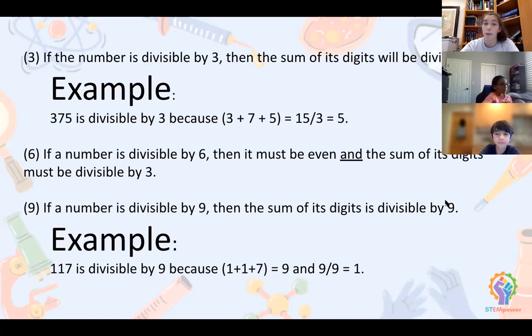Are the digits divisible by 9? Yeah. Exactly. So 81, 8 plus 1 equals 9. And is 9 divisible by 9? Yes, exactly. So you just add up the digits, very similar to 3, and see if that number is divisible by 9.